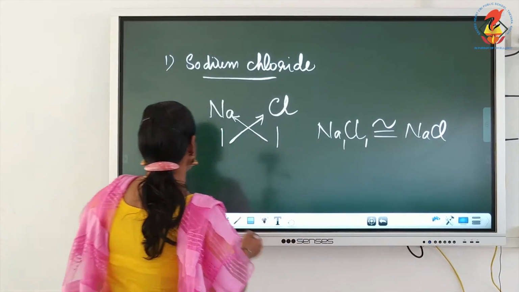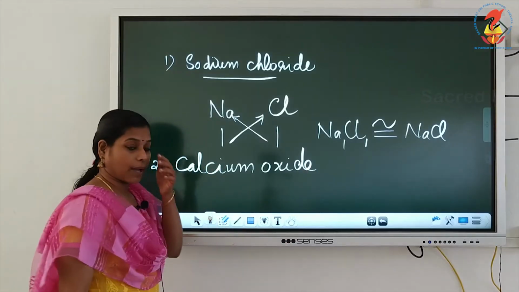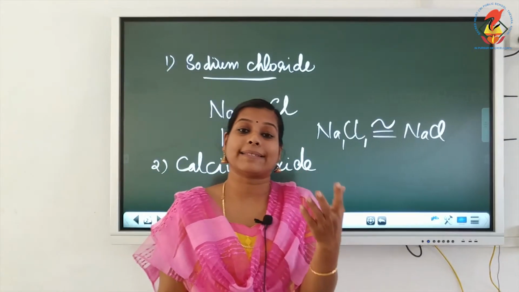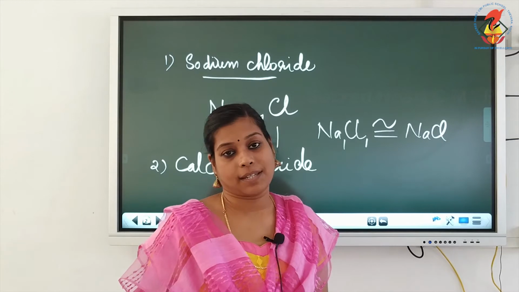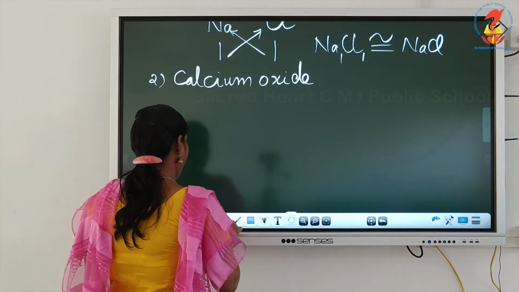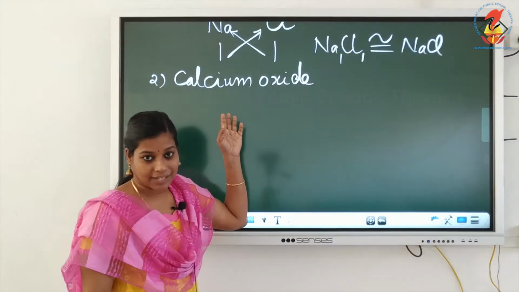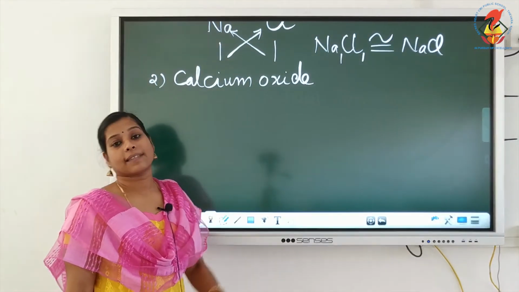One more example we can see. The second one is calcium oxide. I am reminding you, children, you have to learn the symbols and valencies by heart, then only you can use them here. The next compound given to you is calcium oxide. What is the symbol? First of all, you have to identify calcium as the metal and oxygen as the non-metal.